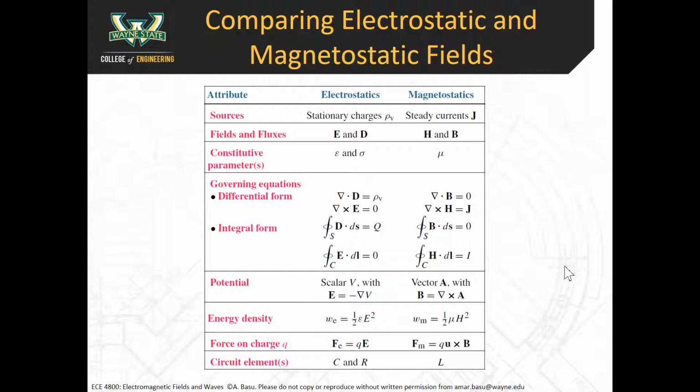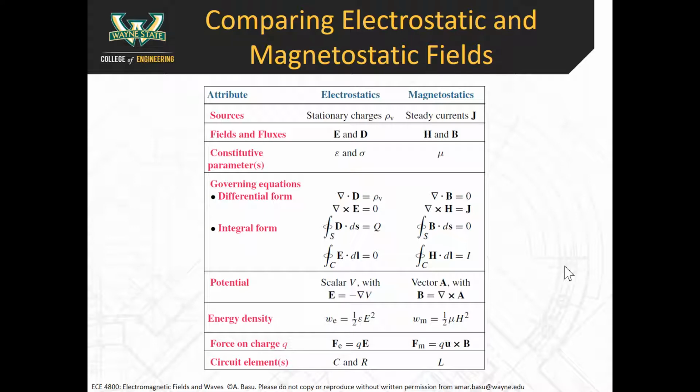Fields and fluxes. So in electrostatics, we're dealing with E and D. And in magnetostatics, we're dealing with H and B. The material parameters for electrostatics, we talked about epsilon. Epsilon's the dielectric constant. Sigma is the conductivity. And then in magnetostatics, we talk about magnetic permeability instead.